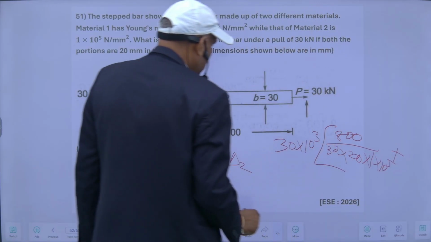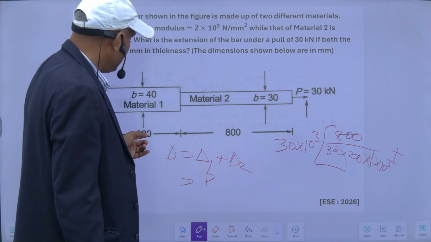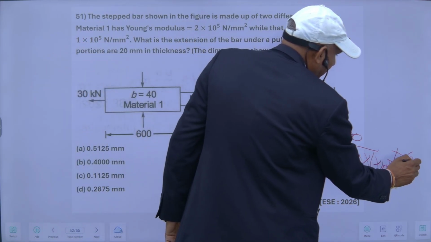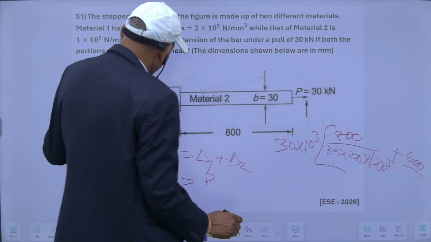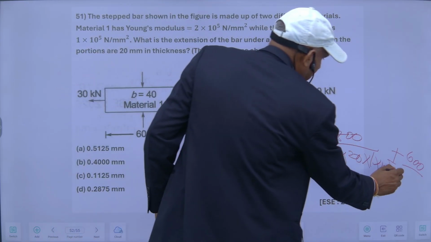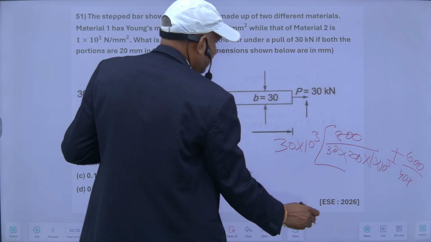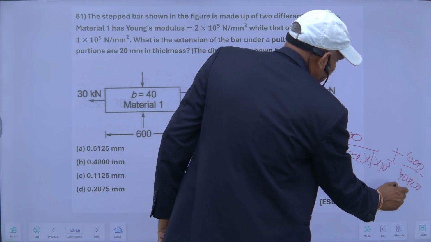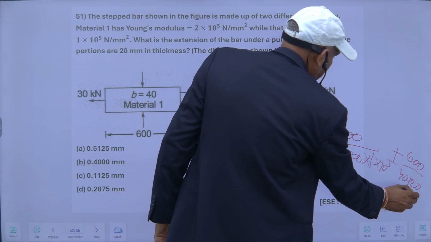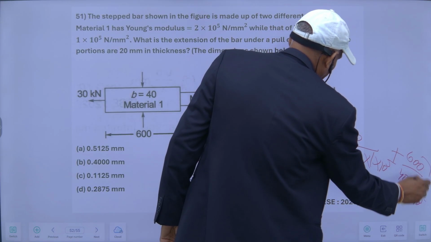Plus, in this one L is 600 upon its area, which will be 40 into thickness, so thickness is 20, into its Young's modulus of elasticity, which is 2 into 10 raised to the power 5.